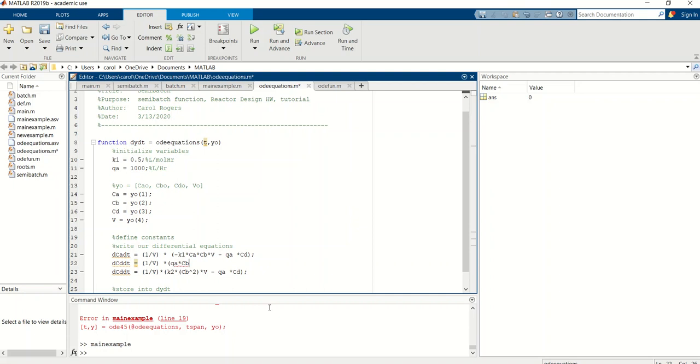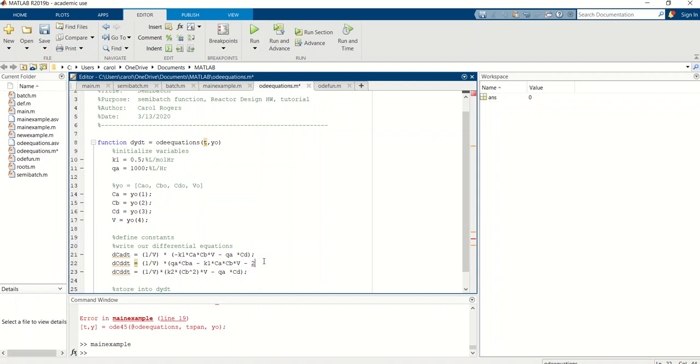Times CBA minus CACB. And another thing I do is I know that these are each terms of an equation. So whenever I multiply things together and then subtract them, I always put spaces in between them just because it's easier to read for me.